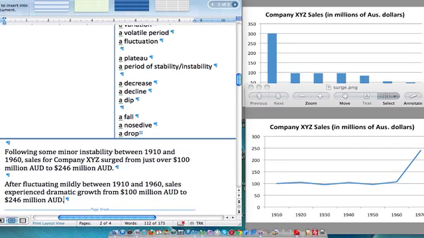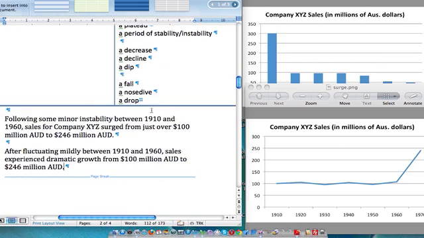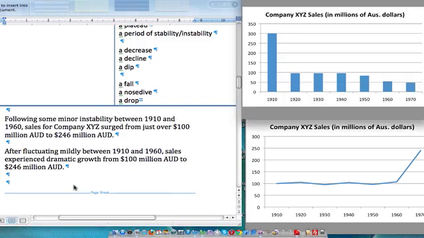Okay, now let's try describing the other graph here, the one that shows negative movement in the sales numbers of company XYZ. So we're going to start with, now let me get this one showing up here. Okay.